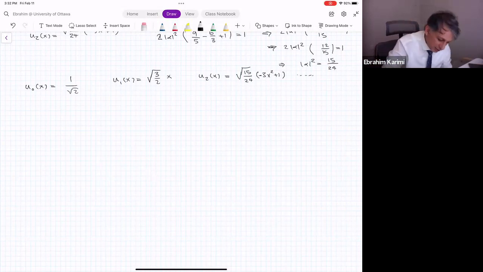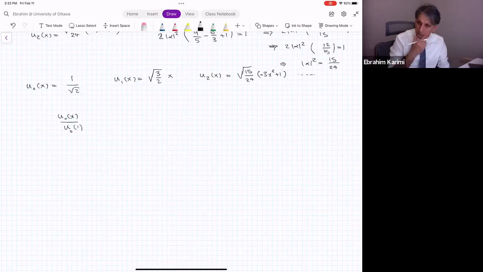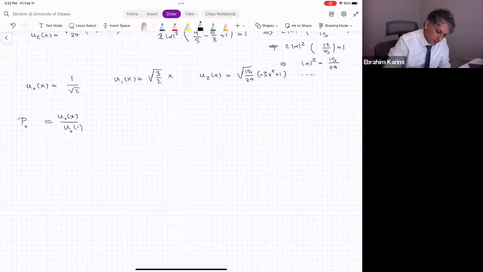What physicists use, they take U0 of x, then divide it by U0 at 1, and they look at that. What will be the result? And they call this Legendre polynomial, P0 of x. You can do that essentially for any of u.